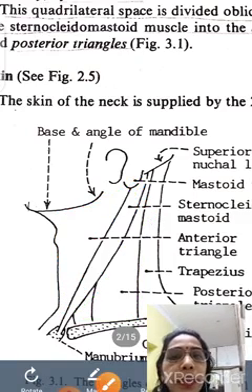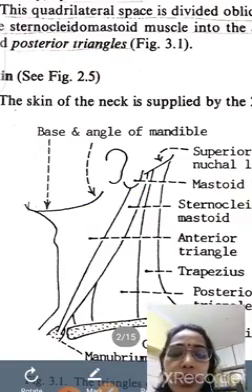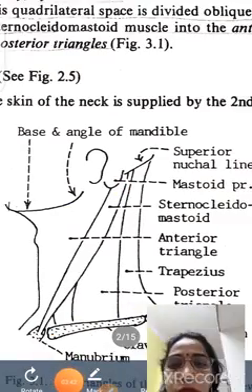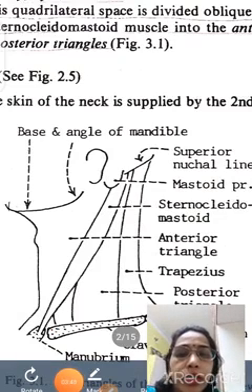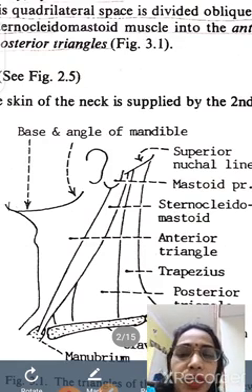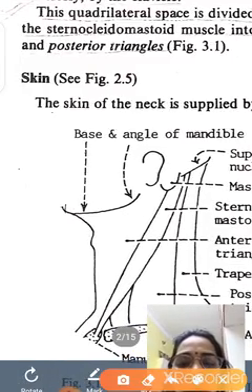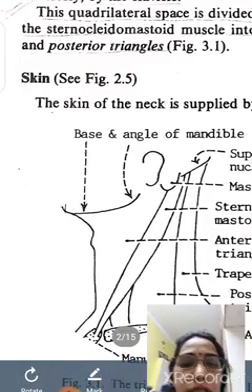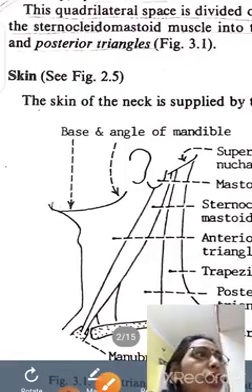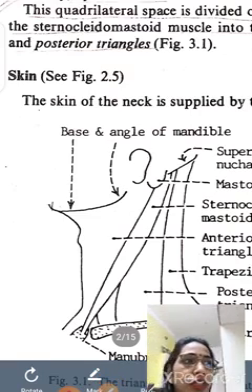We have seen the various borders of the quadrilateral space and its division by the sternocleidomastoid into the anterior triangle and the posterior triangle. Now first we will study the posterior triangle.